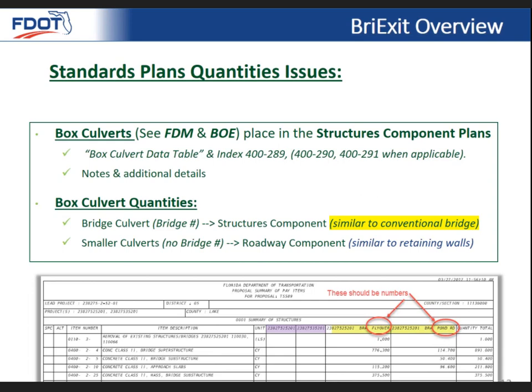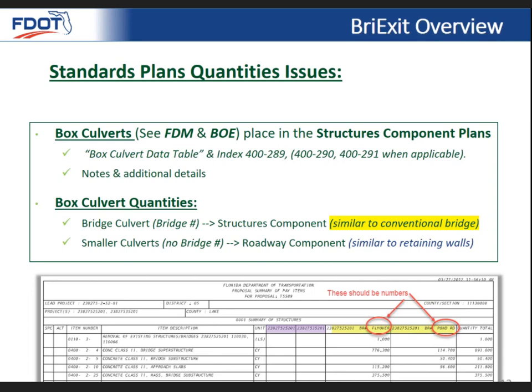So there were some changes to the FDM to identify the particular issues about box culverts. So there's more information out there, and there'll be a follow-up bulletin shortly with some additional information, but the procedure's already established out there.